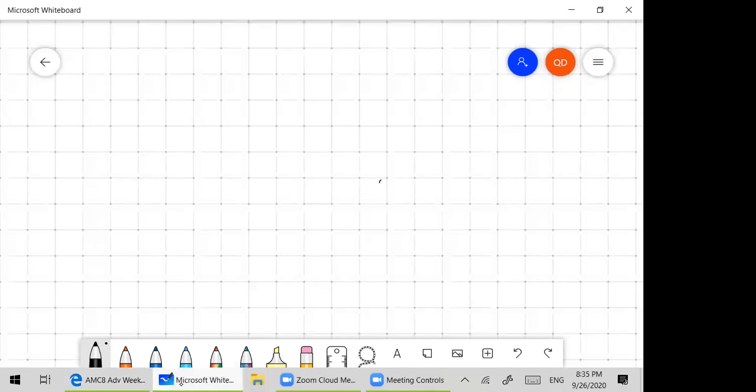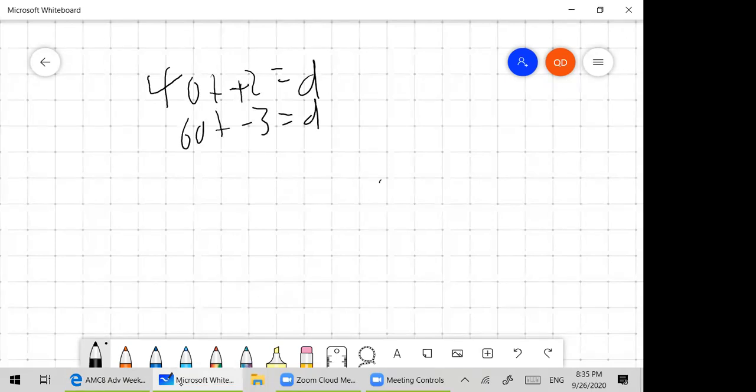Okay, so you have that 40T plus 2 equals D, and 60T minus 3 equals D. So 40T plus 2 equals 60T minus 3. So 20T equals 5.